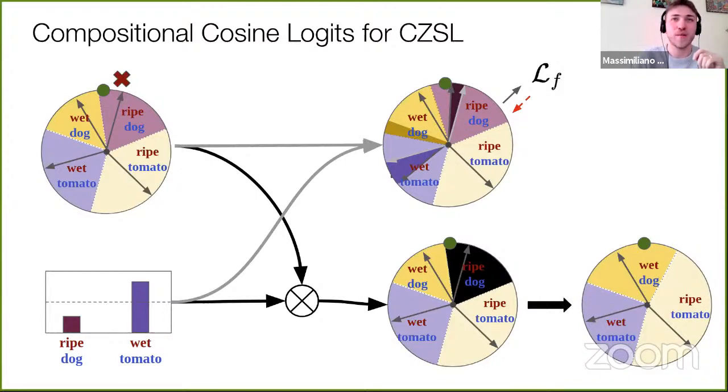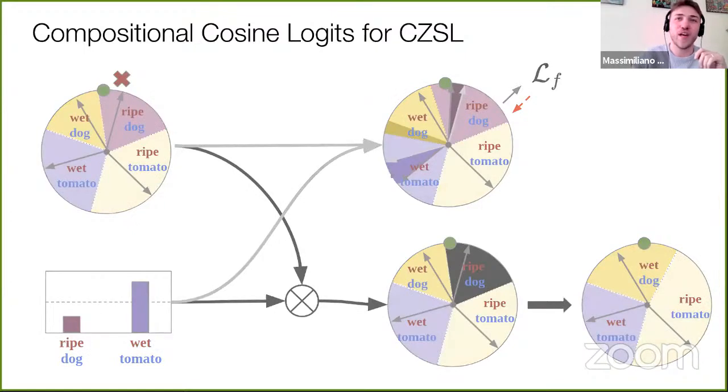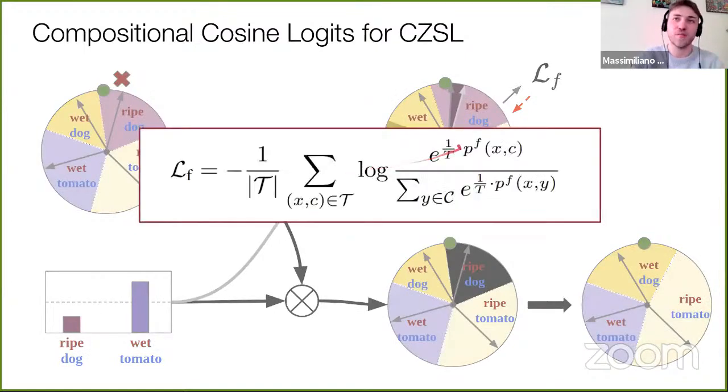We have the same cross entropy as before, but now the scores are changed, since they are the cosine similarity scores. I'm also summing up the denominator not only over the seen categories, but over the full composition space. Now we have no prior assumption on the unseen compositions.